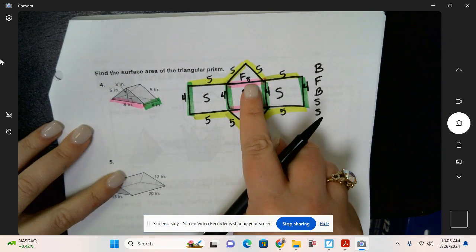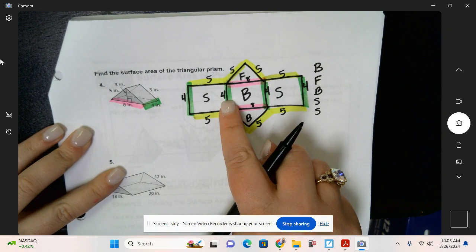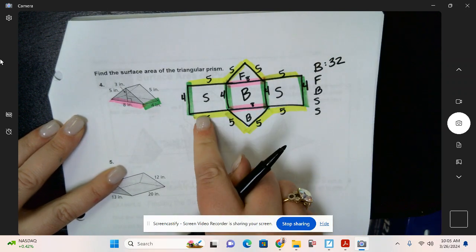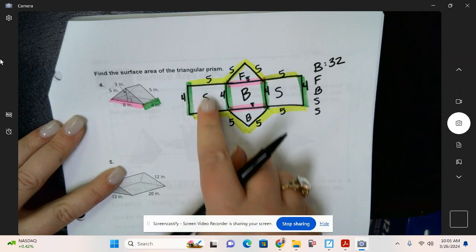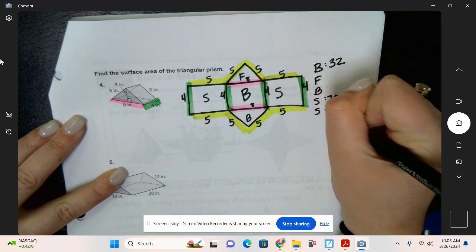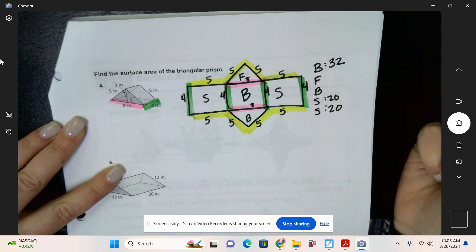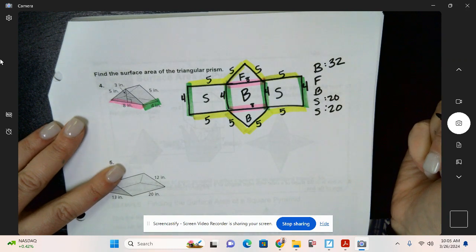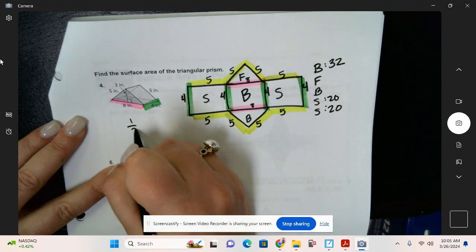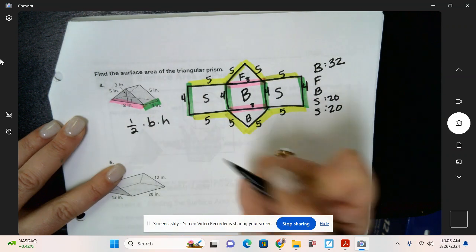So my bottom is 8 times 4. My side is 5 by 4, which is 40. And then my triangle is 1/2 base times height.